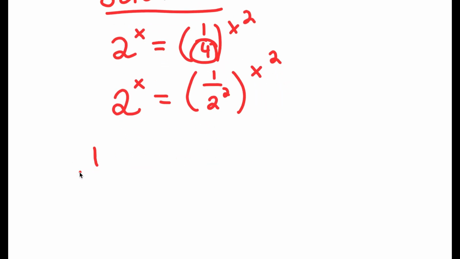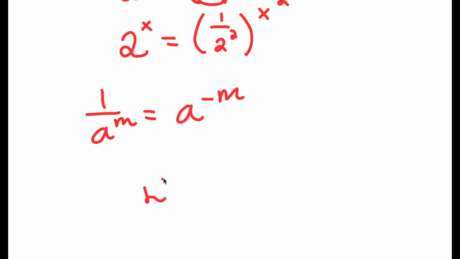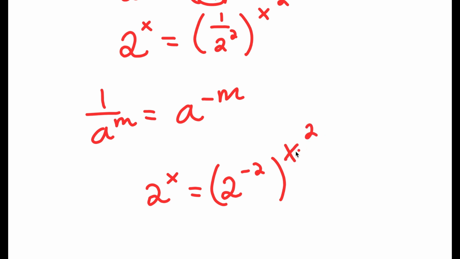And if I have something in the form 1 over a to the power of m, this is the same thing as a to the power of negative m, meaning 1 over 2 squared is simply going to equal 2 to the power of negative 2. And I have this to the power of x squared.